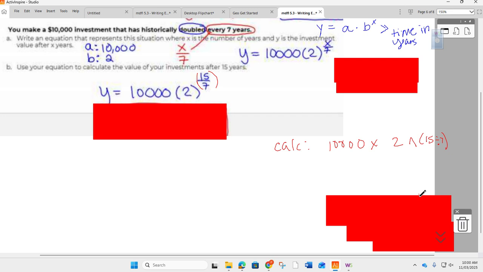So what did you get when you did that? Summer, have you entered it yet? Okay. So the 10,000 times the caret or exponent button, left parentheses, 15 divided by 7, close your parentheses, and then you need your equal button.